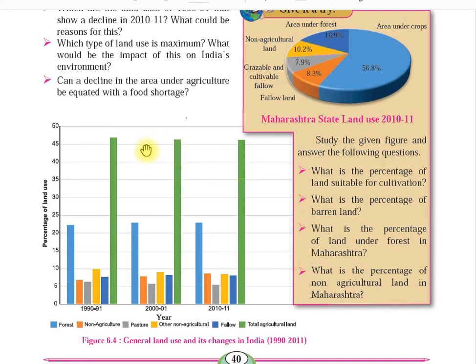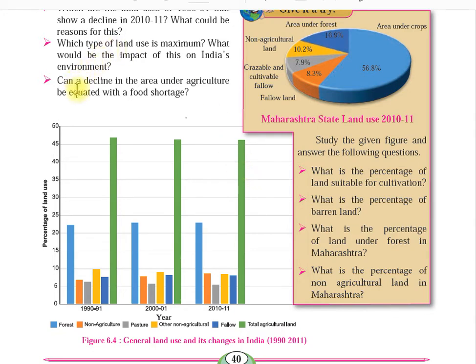Due to this, India would become self-sufficient in production of food grains and shall also be able to export to other countries. As you know, India is an agricultural country, so most of the land is used for agricultural purpose.